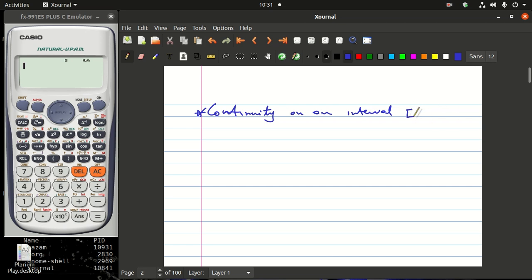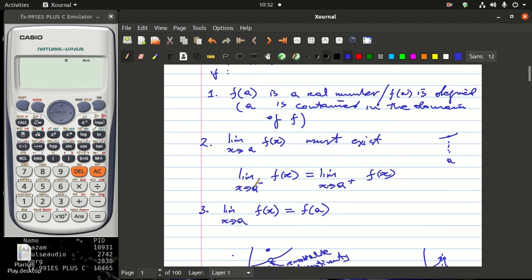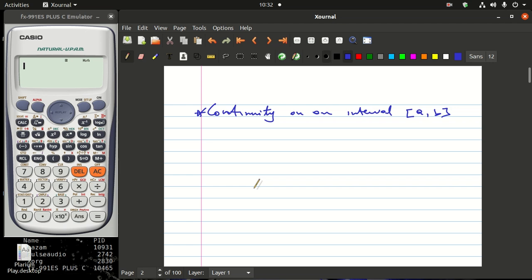If we have an interval, I have an a here and I have a b. Take note that these two are closed. Because of this, what we need to find out is that we want this condition. The condition is still the same, it's just that now this is an interval. I'm just going to give you a quick summary of this whole thing.